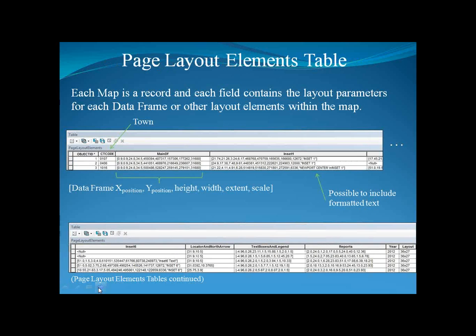In addition to the map template, we have a page layout elements table, and this is what is keeping track of all the variation that we have from one town to the other. This is actually a very long table, and I've included a clip of the far left columns as well as the far right-hand columns below.